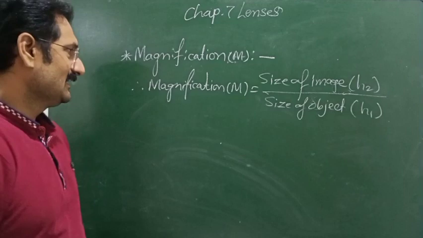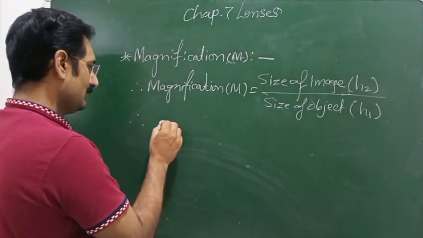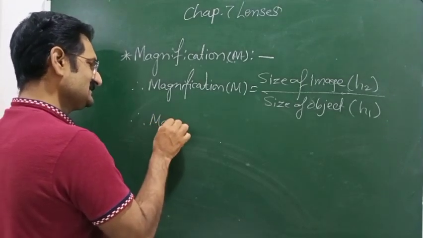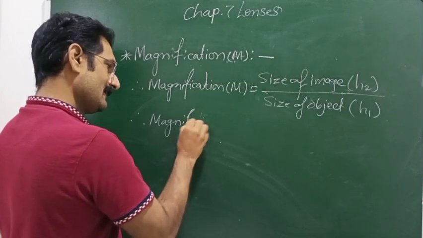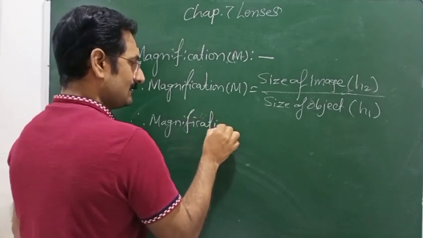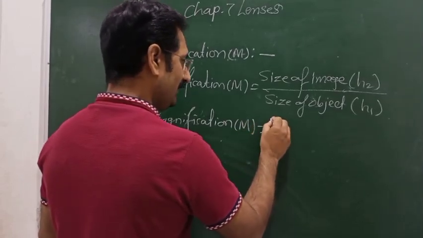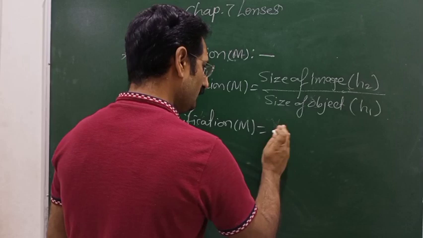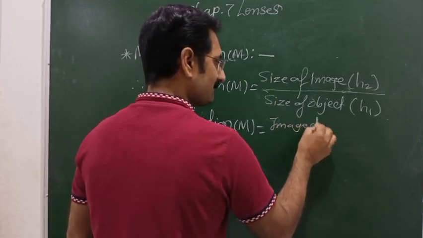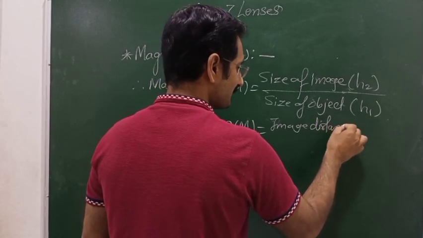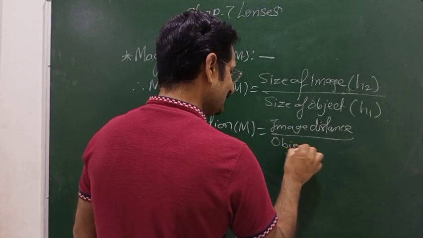In another way, magnification is also determined by using the object distance and image distance, like this. Magnification is equal to v upon u, where v is the image distance and u is the object distance.